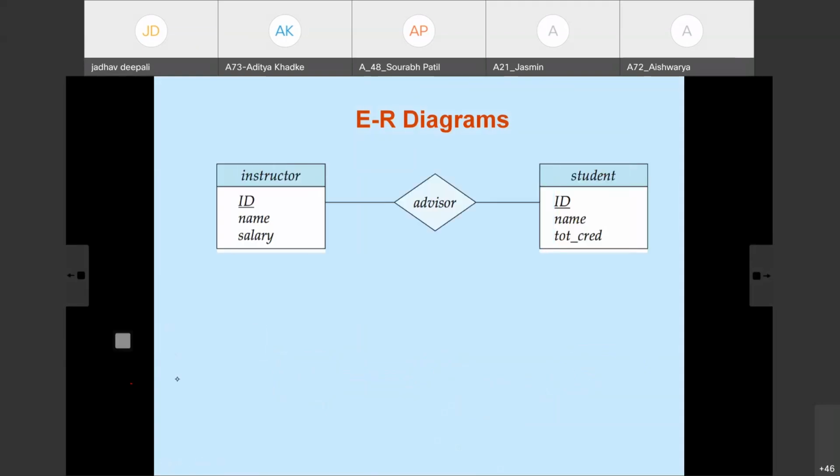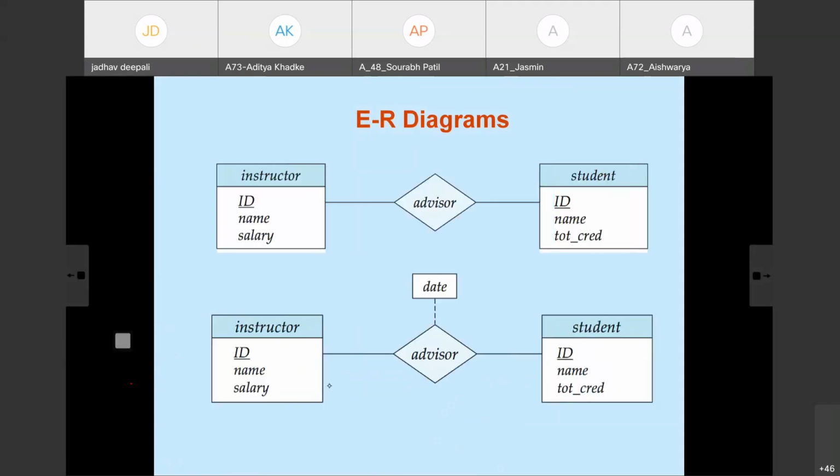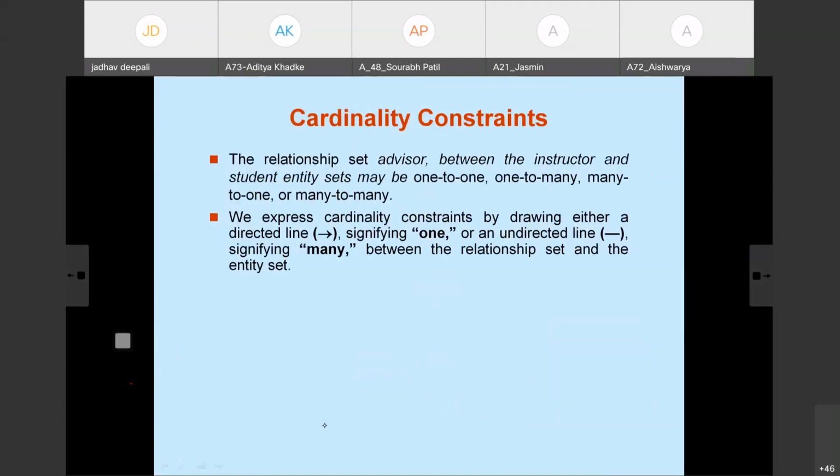So first, this example we have already seen. The relationship set advisor between the instructor and student entities may be 1 to 1, 1 to many, many to 1, or many to many.